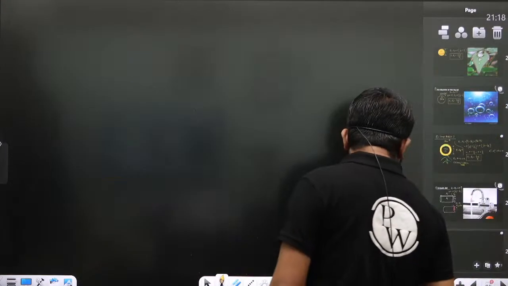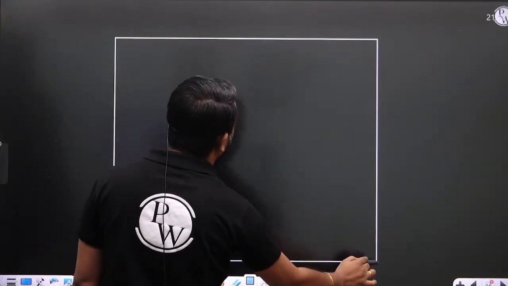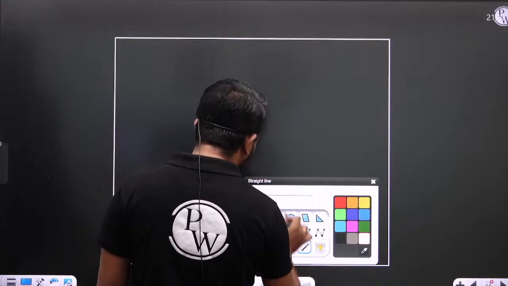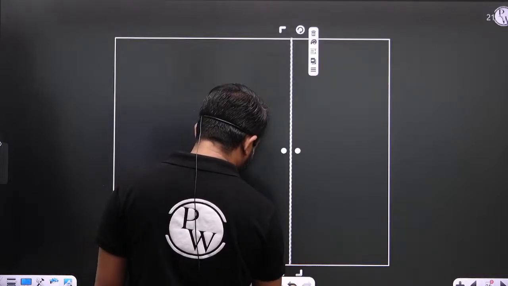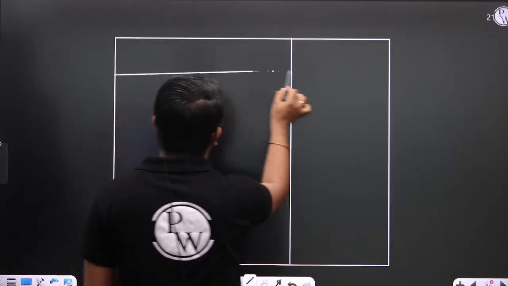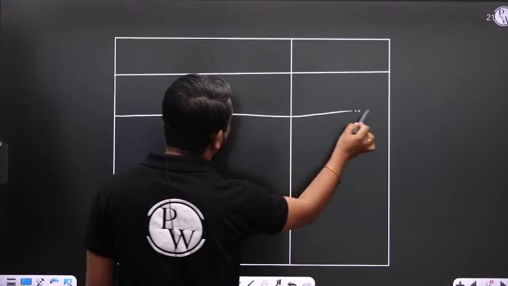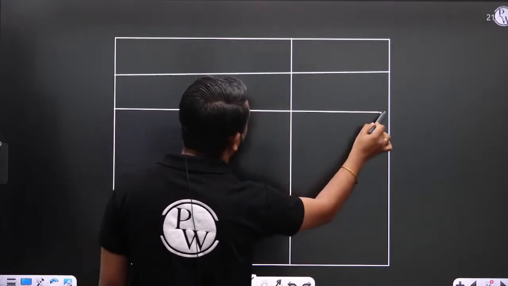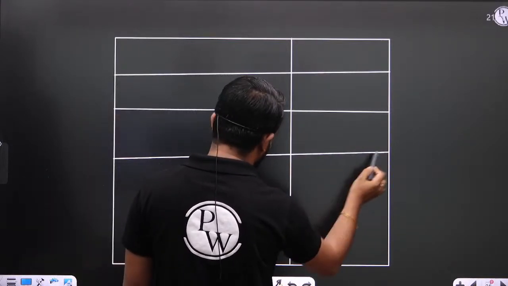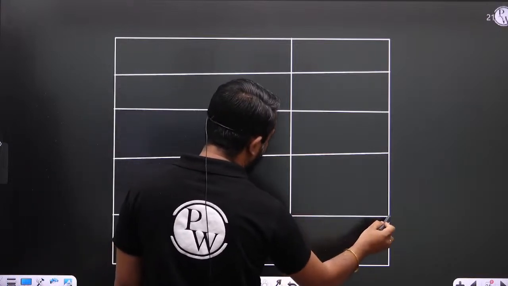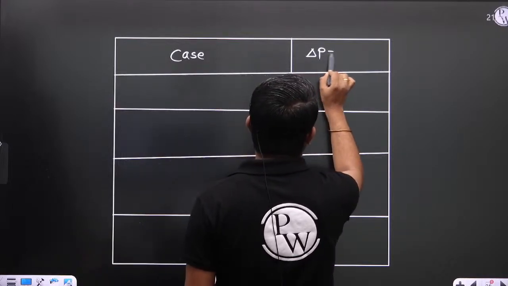So if I summarize all these four cases: the case and delta P. And what is the delta P? The delta P is Pi minus P naught.